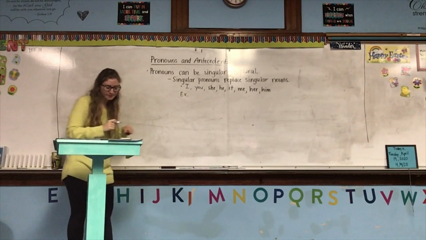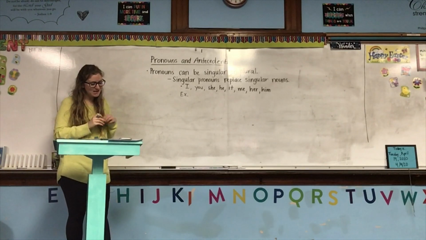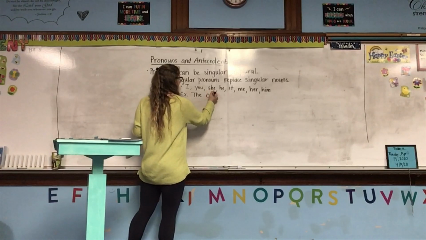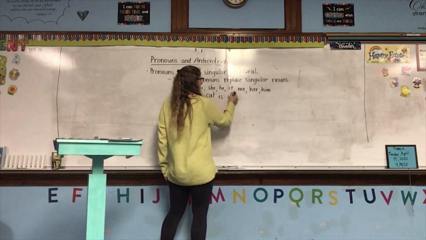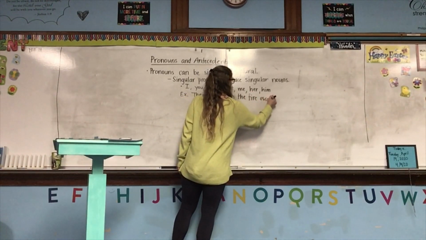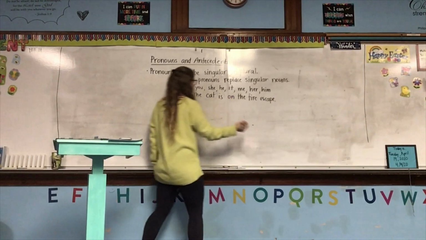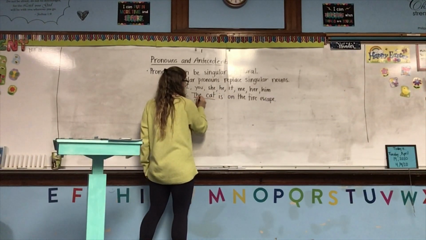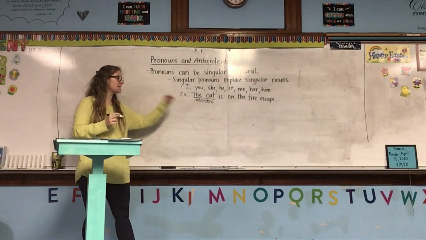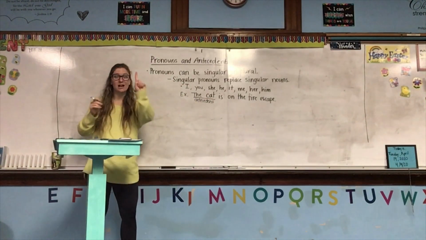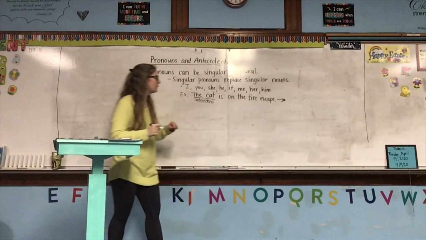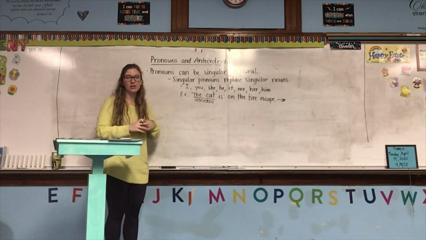So, for example, we could say, the cat is on the fire escape. And so if we use the cat as the antecedent, go ahead and always label it. The cat is talking about one cat. So we are going to replace it with a singular pronoun.